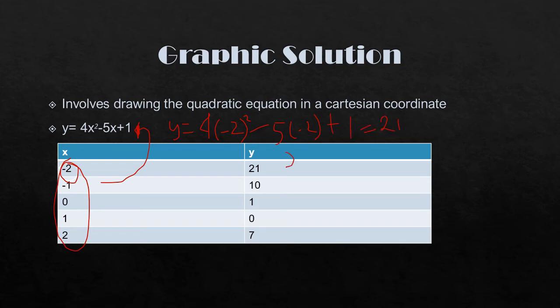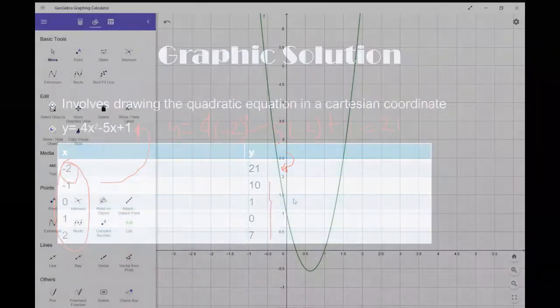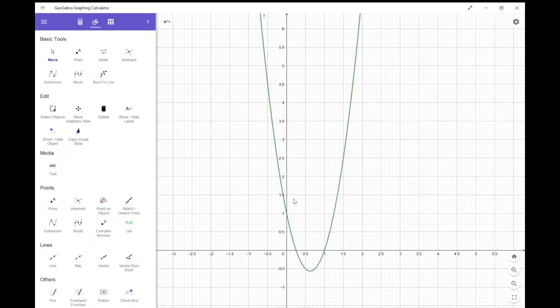So here y is equal to 21. And you just do the same steps for the rest of the x values and plot it in a Cartesian coordinate. If you plot everything correctly, you should be able to produce a graph like this.